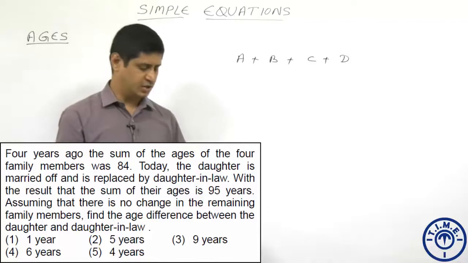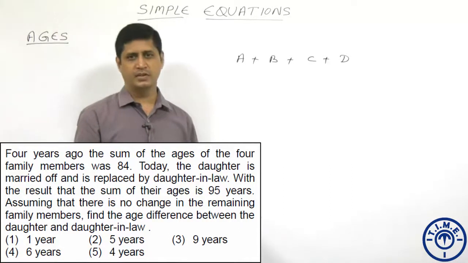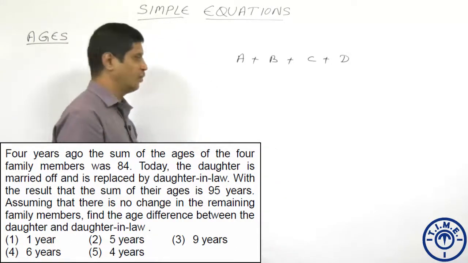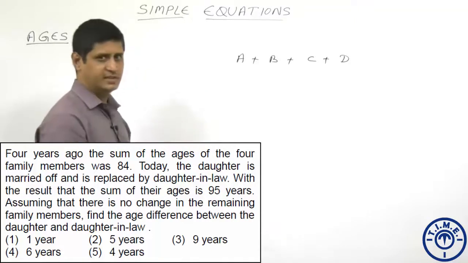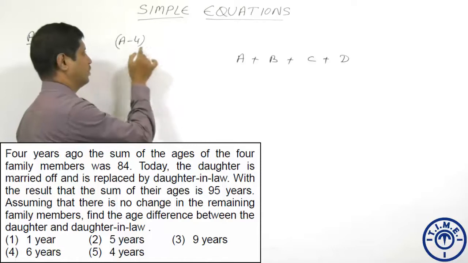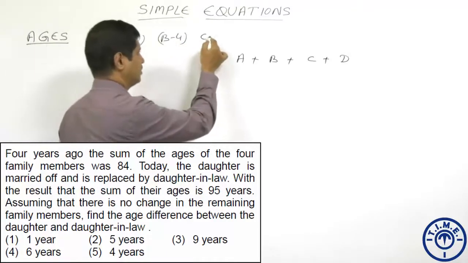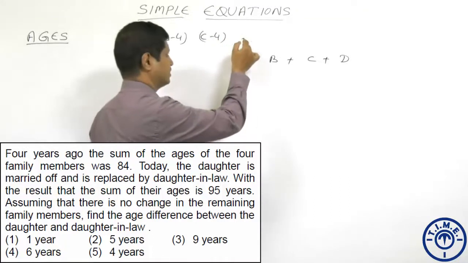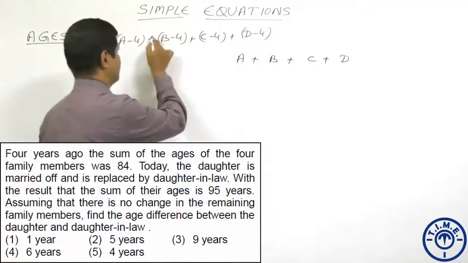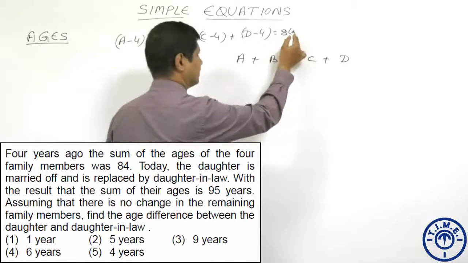But what is the first condition here? 4 years ago, the sum of their ages was 84. 4 years ago, the present age of A is A, so 4 years ago it was A minus 4. What about B? B minus 4. C minus 4. The 4th person D minus 4. The sum of all these values was 84.